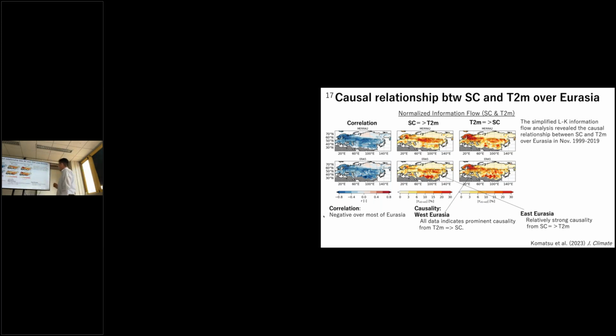If we look at East Eurasia, we found a relatively strong causality from snow cover to 2-meter temperature. So these results show that if we are interested in the influence of snow cover on 2-meter temperature, East Eurasia is the region where we have this snow cover impact.